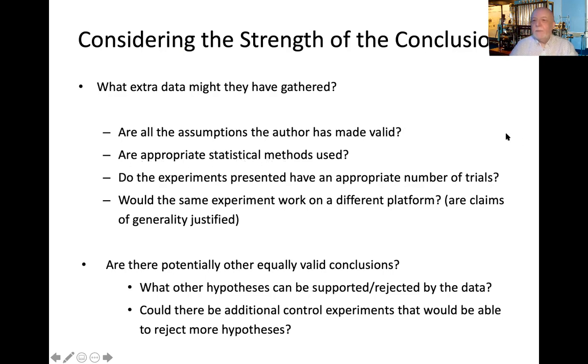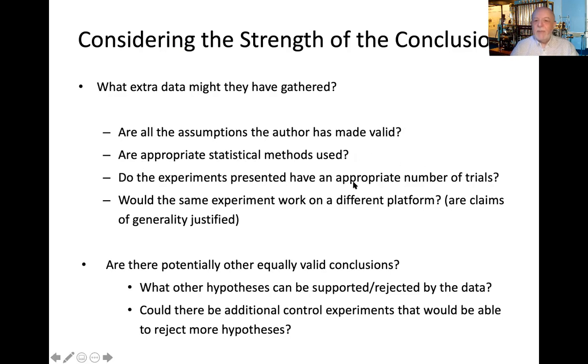Going back to the tossing a coin example, doing a couple of tosses of the coin probably isn't enough to allow you to make any solid statistical conclusions about that particular experiment. So you need to think about that carefully.